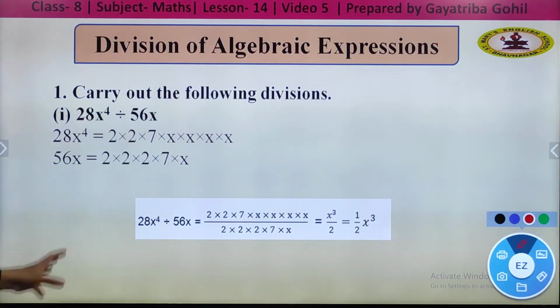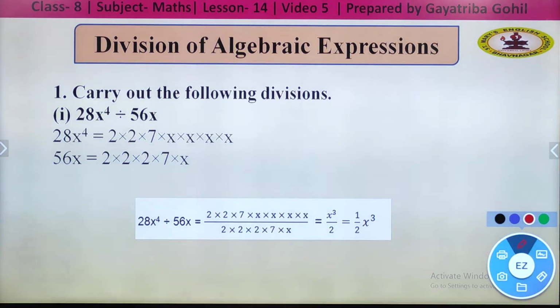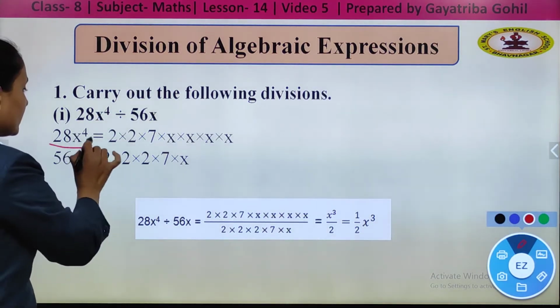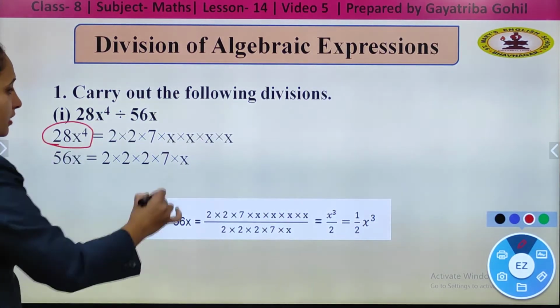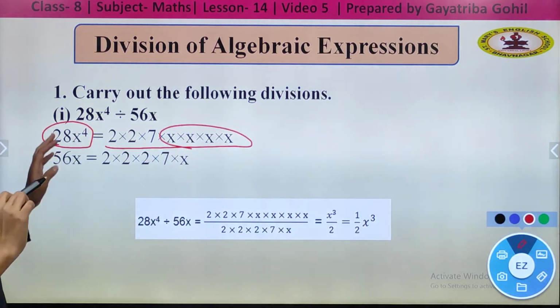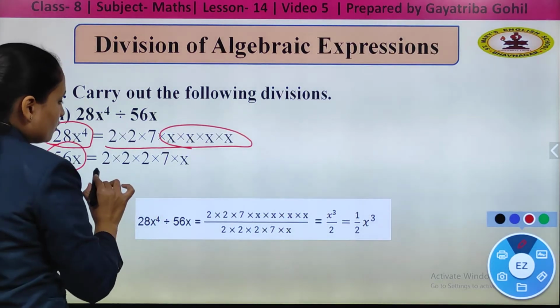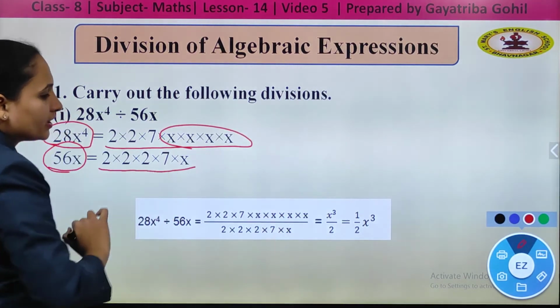Here, division of algebraic expressions. You have to carry out the following divisions: 28x raised to 4 divided by 56x. First find out the factors of 28x raised to 4. We have already learnt 2 into 2 into 7 into 4 times x. These are the factors of 28x raised to 4. Then 56x. So 2 into 2 into 2 into 7 into x.